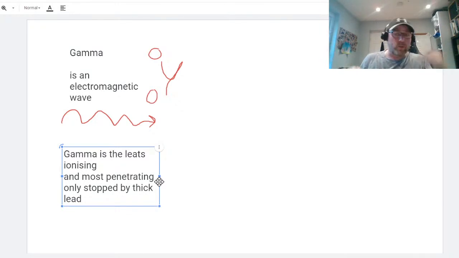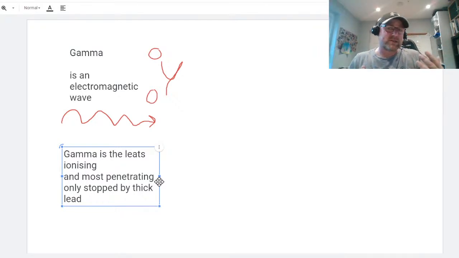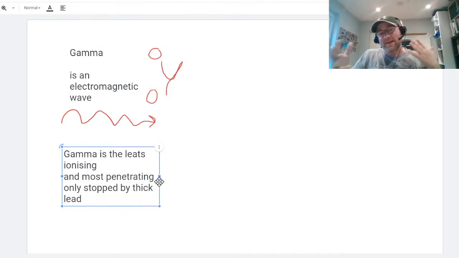They're getting blocked by the walls, your windows. They're getting blocked by the leaves on trees. They're getting blocked by your clothes. Gamma rays are going to get through the walls of your house and into you. But if you go into the underground station, you're fine, because there's a lot of metal and concrete and dirt. Really, it's going to get absorbed. So gamma gets stopped by thick lead. Gamma is the weakest at ionizing, however, probably the most dangerous, because it can go through us and damage a lot of our cells on the way through.